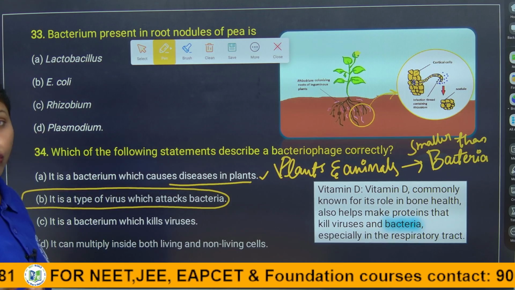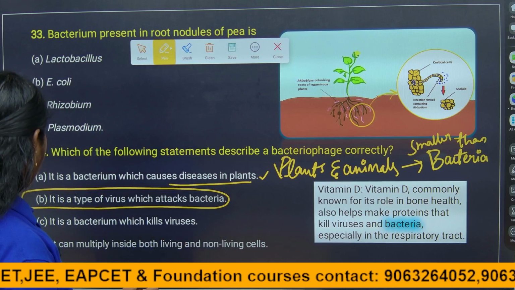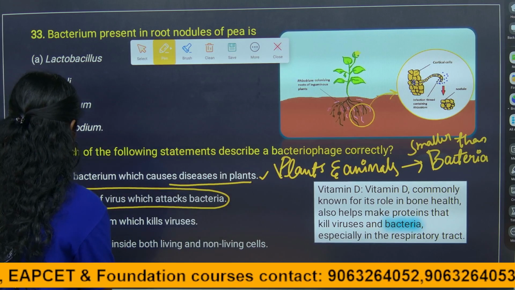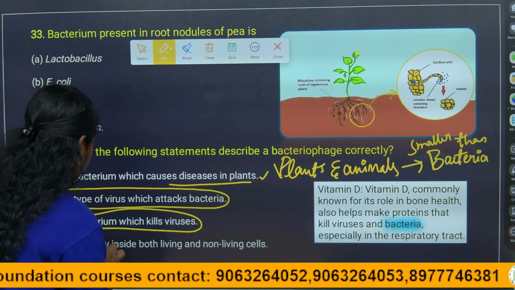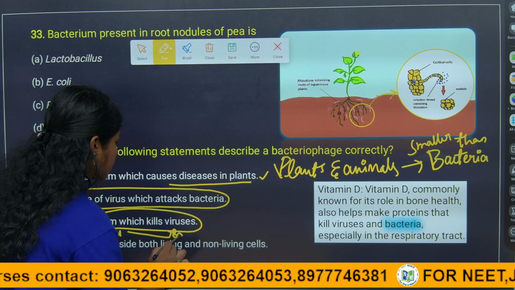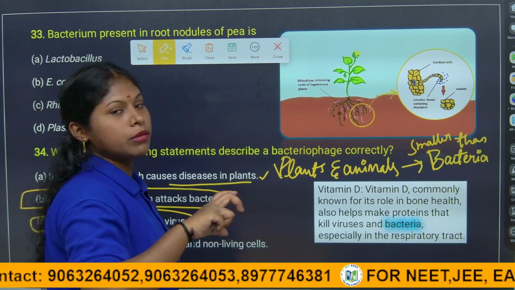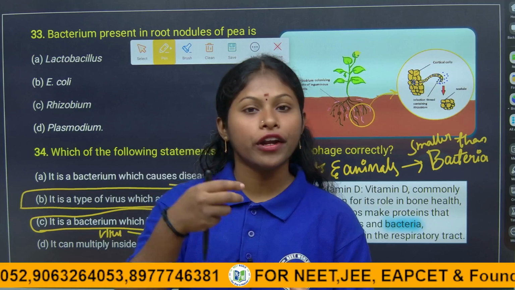Let's see another two options also, children. It is a bacterium which kills viruses. No. Here the statement is quite the opposite. The virus itself attacks the bacteria and takes over the machinery of protein synthesis, and utilizes it for itself.